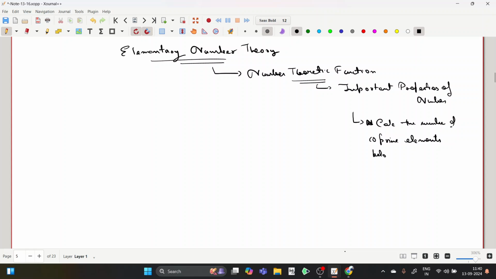below some number n, the elements below n that are coprime to n. The function which calculates this value is what we call Euler's phi function, or often Euler's totient function.